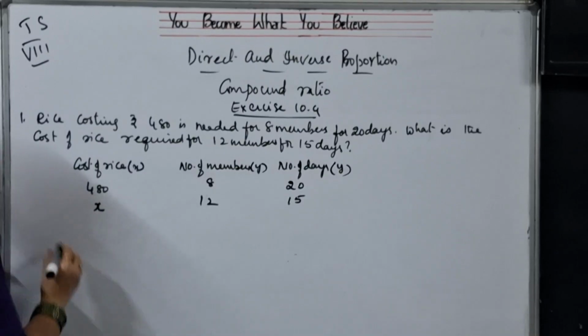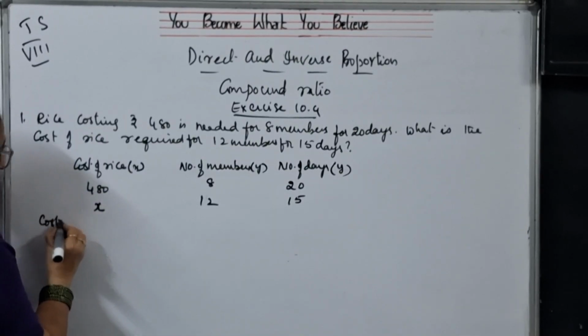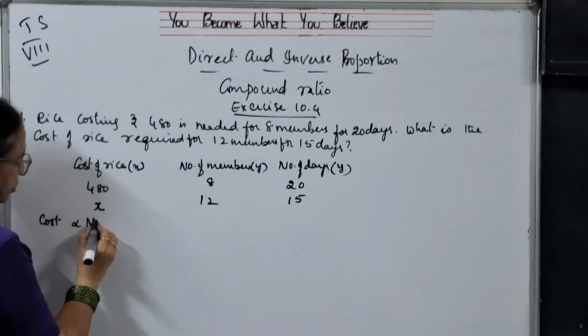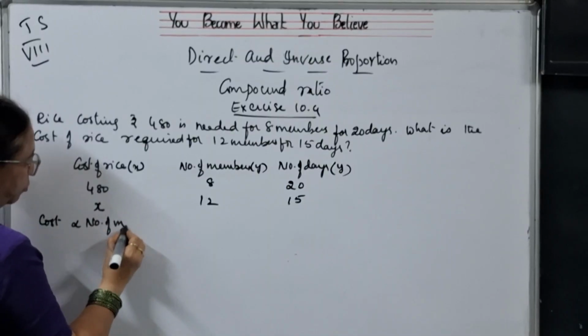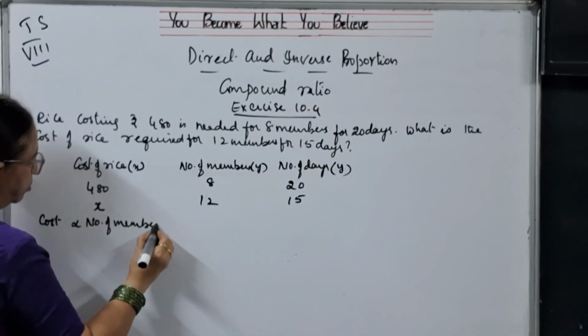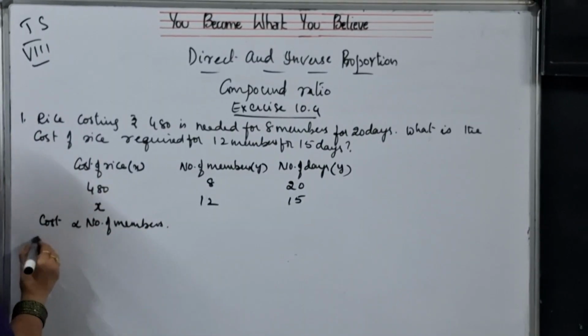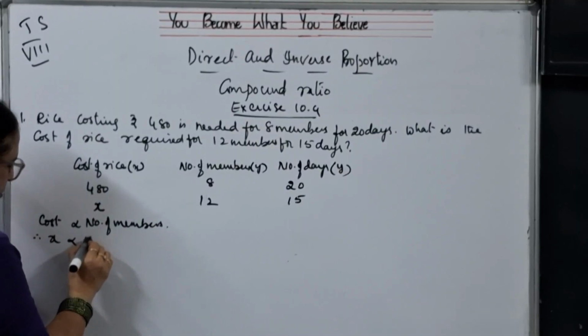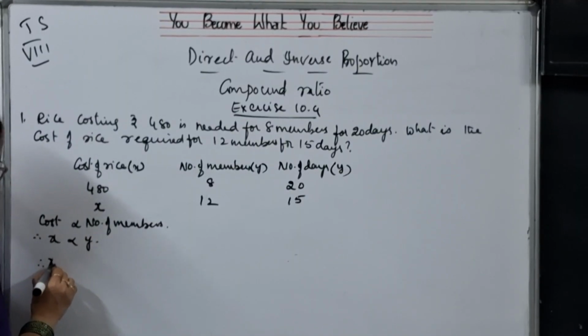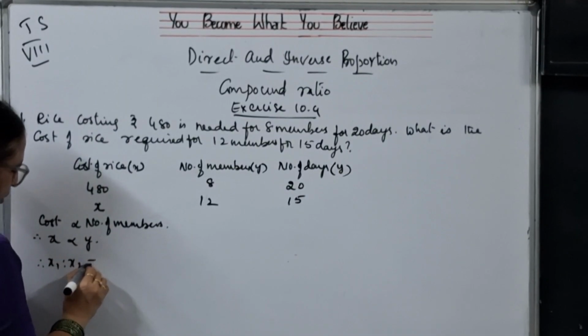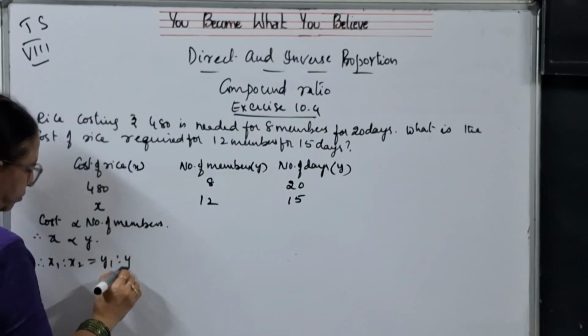Now cost is directly proportional to number of members. When the members increase, cost will increase. Therefore, x is directly proportional to y. Therefore, x1 is to x2 is equal to y1 is to y2.